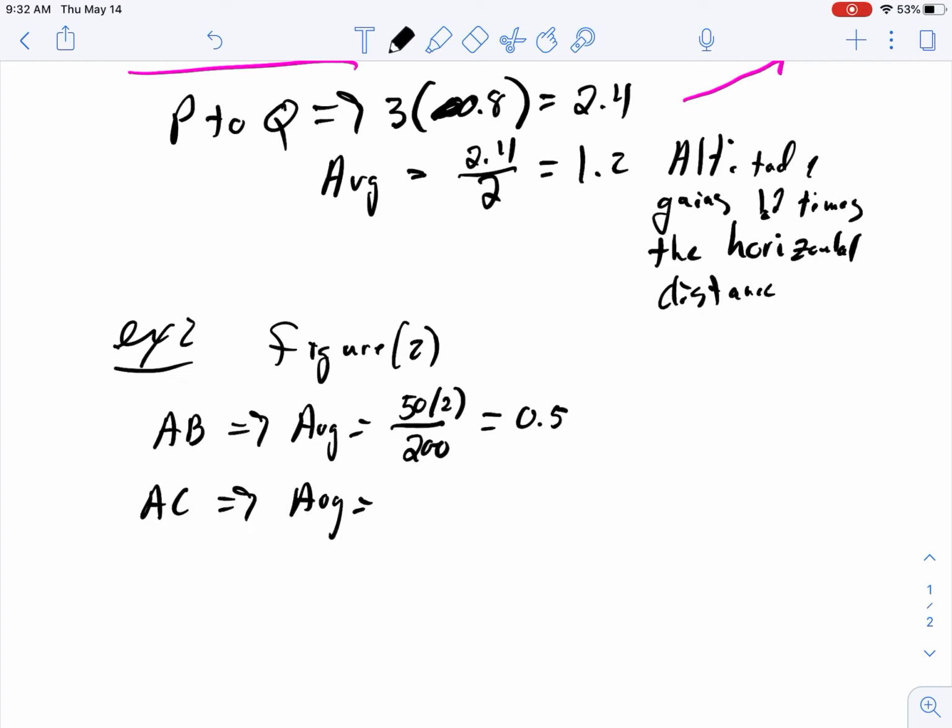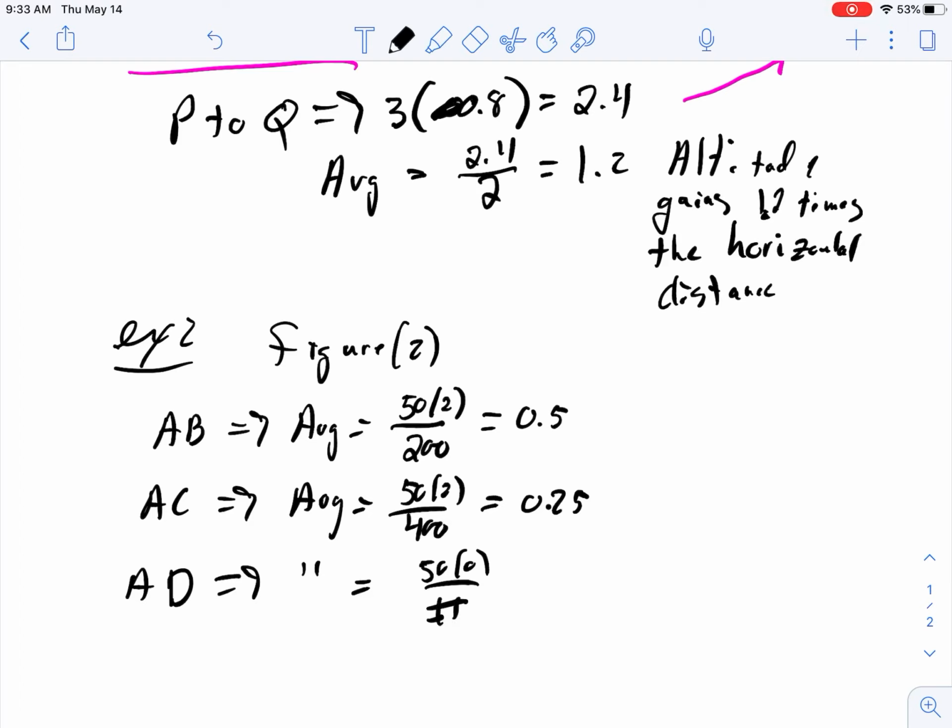If you look from A to C, that average rate would be 50 times 2 over 400, therefore 0.25. If you look at A to D, that average rate would be 50 times 0 over, it doesn't matter what number. So basically you're just staying level on the contour of your hillside, which is 0.